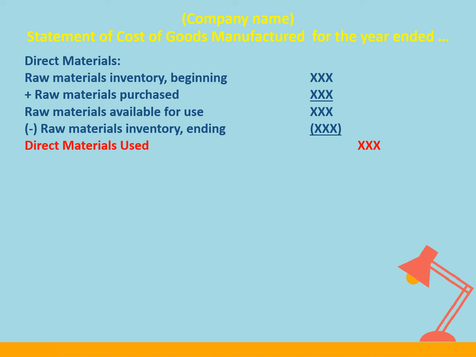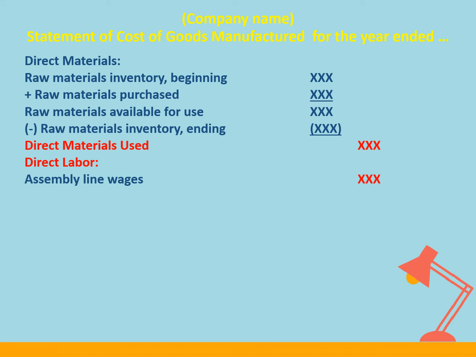To get direct materials used, we must add raw materials inventory beginning with raw materials purchased. This will give us raw materials available for use. Then we will minus with raw materials inventory ending.